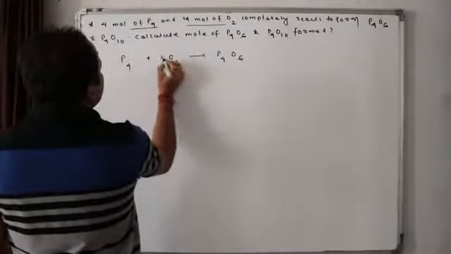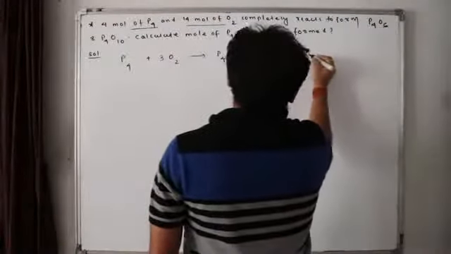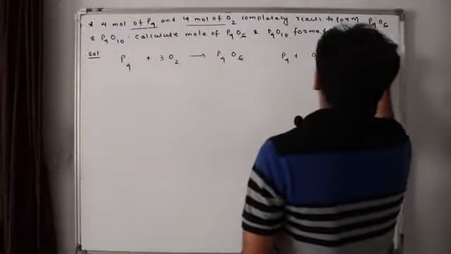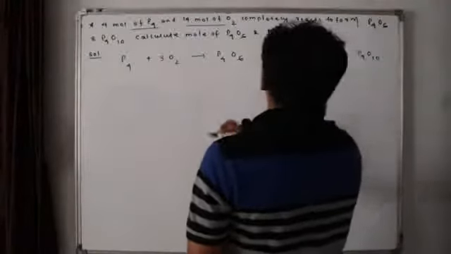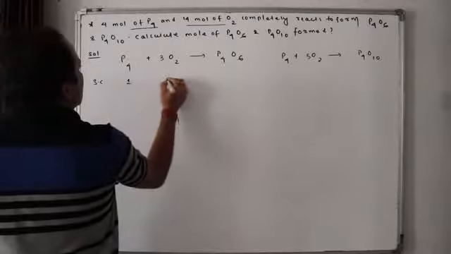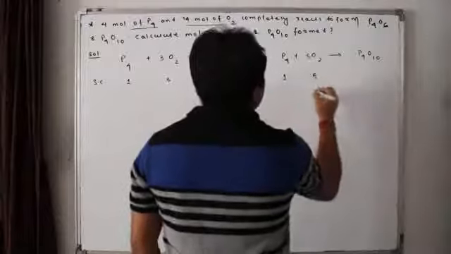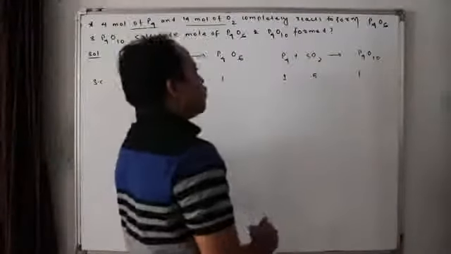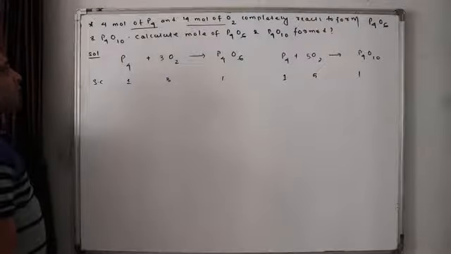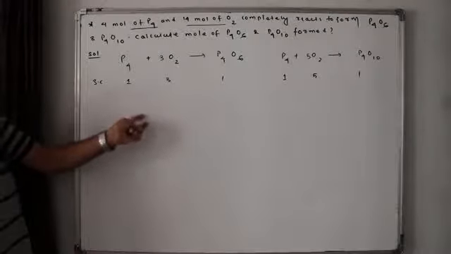And P4 plus 5O2 gives rise to P4O10. Now from these stoichiometric coefficients, 1 mole requires 3 moles, gives 1 mole. Here 1 mole requires 5 moles, gives 1 mole. Yes or no? Any doubt till this? I've already balanced it.